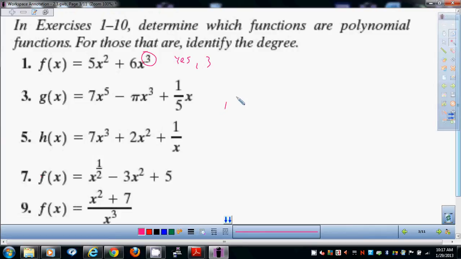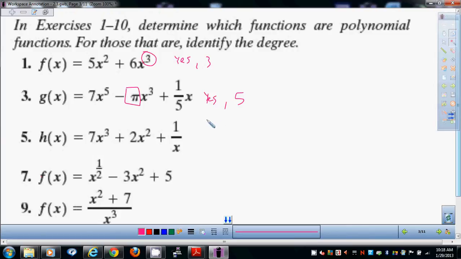Even if it is, the degree is going to be 5, 2, 3. Yes or no? Yeah, that's what I thought. Yeah, you just can't have a radical. Pi is fine. It's just a number. So this is yes, and the degree is 5.